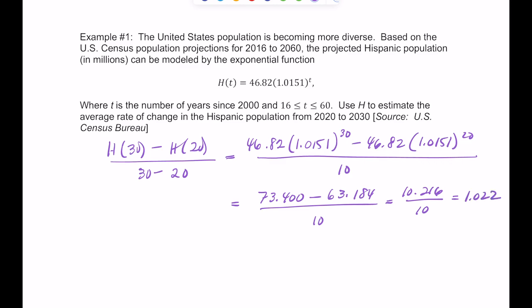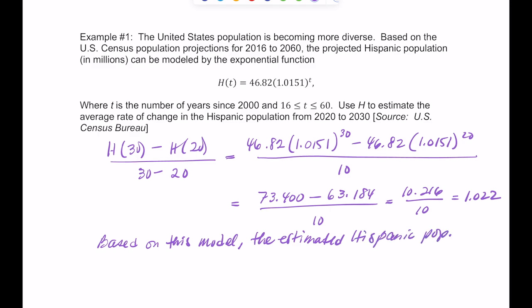So what that means is, based on this model, the estimated Hispanic population would increase on average at a rate of 1.022 million people per year between 2020 and 2030. And it's important to say based on this model because models change. So based on this model, the estimated Hispanic population will increase on average.